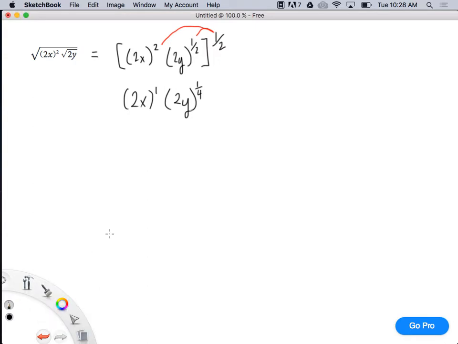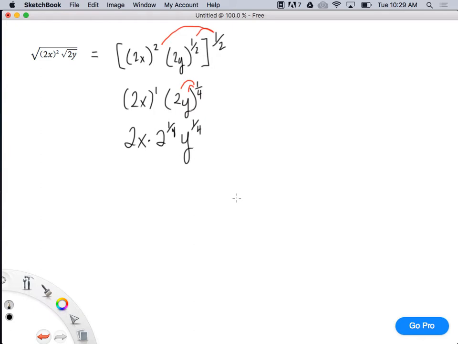So this just kind of becomes, well, 2x to the first power is just 2x, right? Now I have this 1/4 on the outside, so it's going to apply to both of these terms in the product. You see the same rule over and over. Okay? And that's going to become times 2 to the 1/4 power times y to the 1/4 power.